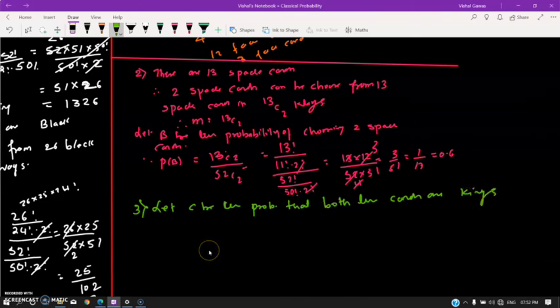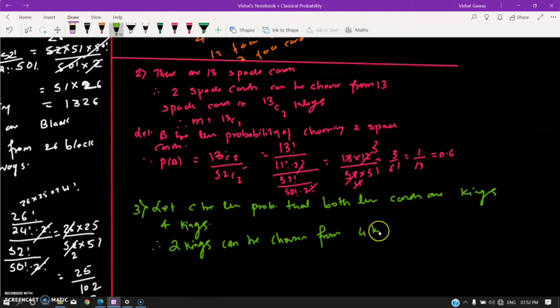Now we need to remember there are 4 kings in total. How many ways can I choose 2 kings from 4 kings? In 4C2 ways. That's my M. Therefore, probability of C becomes 4C2 over 52C2.